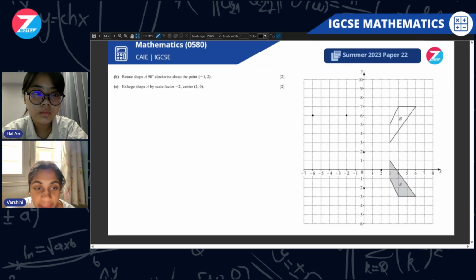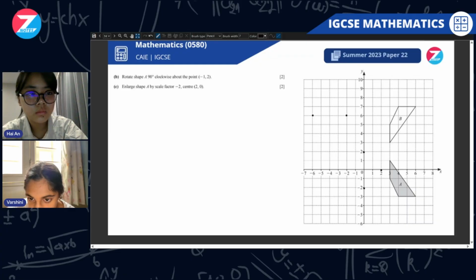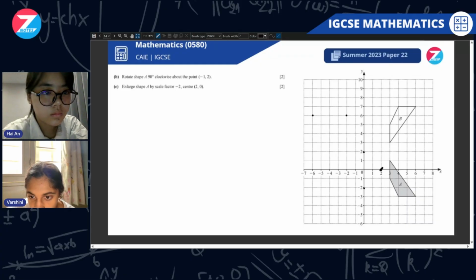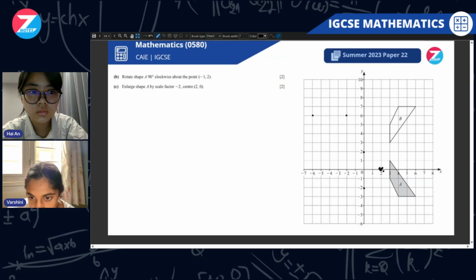Okay, part C, enlarge shape A by scale factor minus 2, center 2, 0. So first of all, we can see that 2, 0, they want it at this point, which is 2 on the x-axis and 0 on the y-axis. Now remember, for minus 2, it's a negative number, so we have to go backwards instead of forwards.